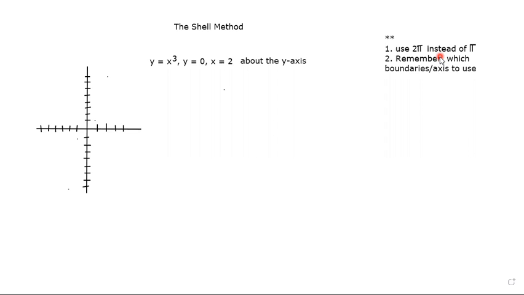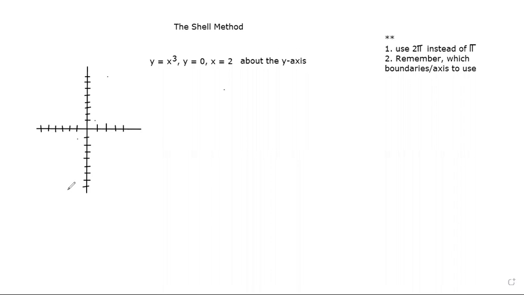So we need to look at our boundaries that are on the x-axis, where if we were moving about the x-axis, we would look at our boundaries that are on the y-axis. So just be very careful. Like we said, the formula will reflect that, but it's just very easy to make the mistake. All right, so we want to be careful here.